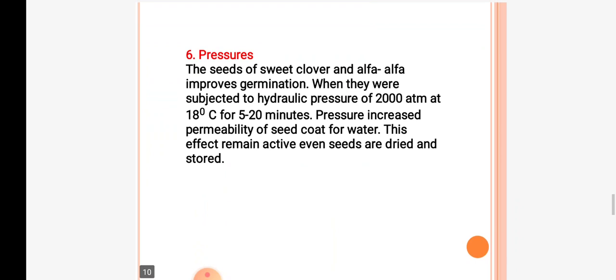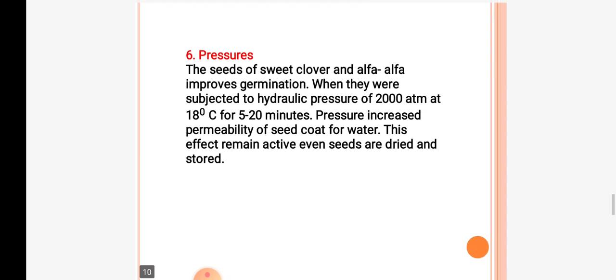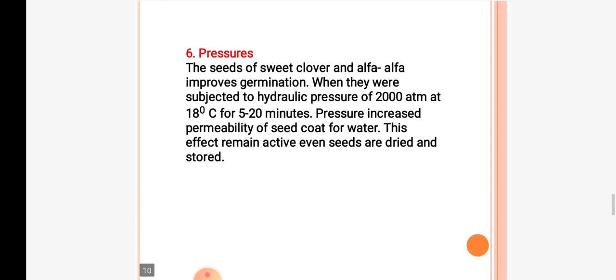Then there is an effect of pressure on the seed germination. The seeds of sweet clover and alfalfa improve germination when they are subjected to hydraulic pressure of 2000 atm at 18 degrees centigrade for 5 to 20 minutes.